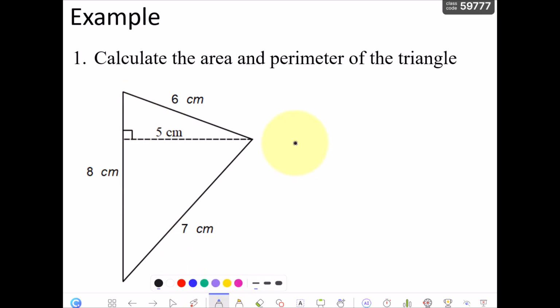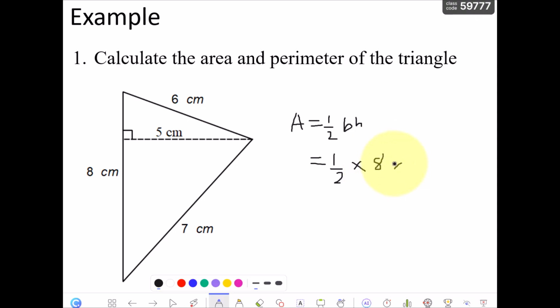So the simple solution to this question: area of a triangle is what now? It's 1 over 2 base times height. So this is the formula. Now they give us base as what? If you look at the diagram, base is 8 because 8 is 90 degrees to 5. So which is 1 over 2 times 8.